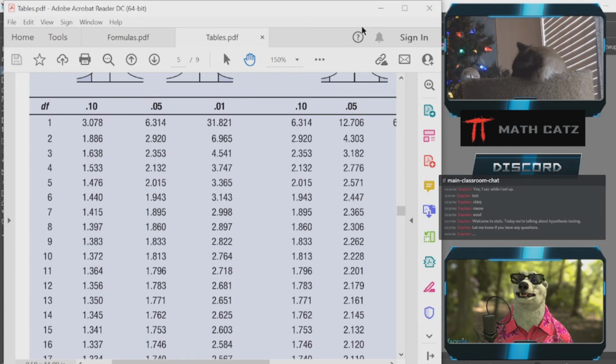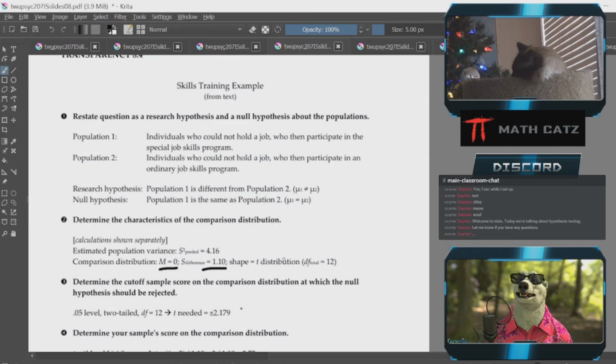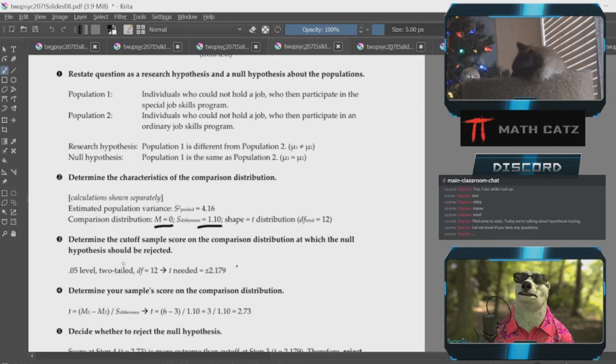Oops, laptop froze. 2.179, beautiful. I think I'm just moving too much for the laptop. Slowly it's getting there. So then we calculate, that's the t cutoff line on both sides.